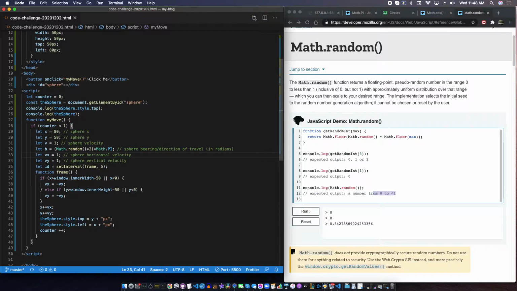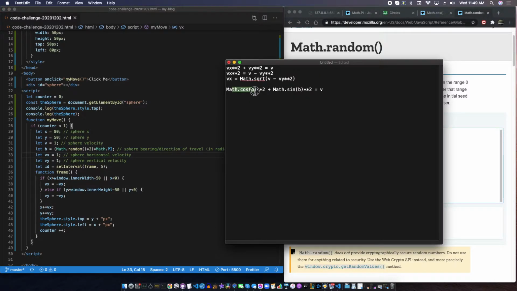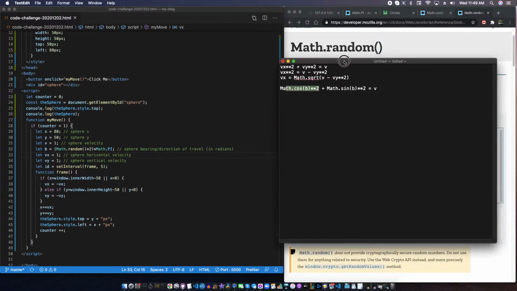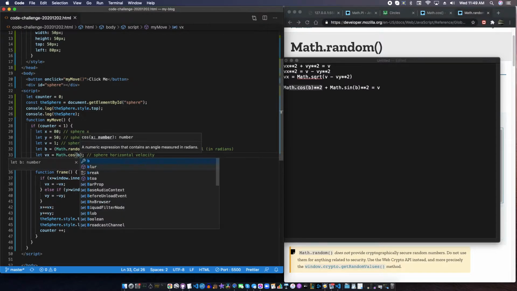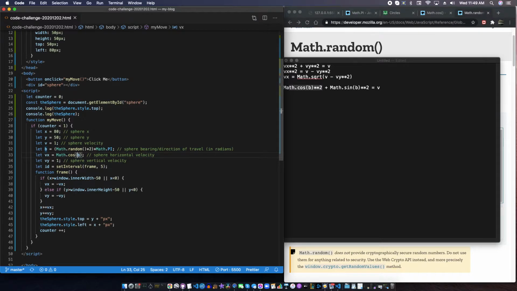But then I need to figure out my Vx, Vy. So math.cosine, this will equal math.cosine of b, times velocity. I need to multiply this by velocity.